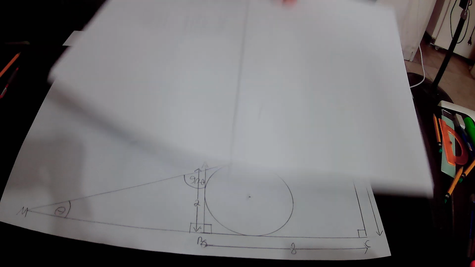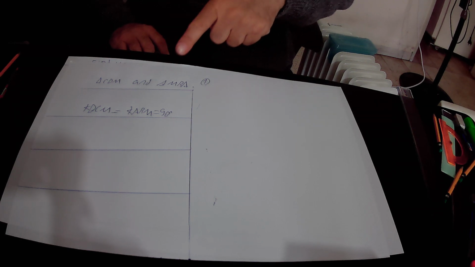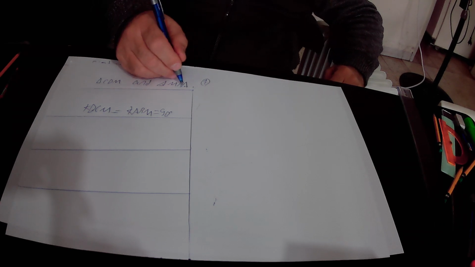Again, angle DCM in the big right triangle CDM equals angle ABM in the small right triangle MBA. They are both equal to 90 degrees, therefore they are equal to each other.